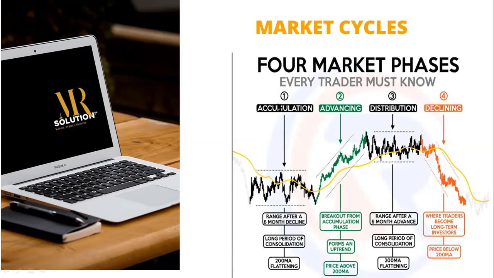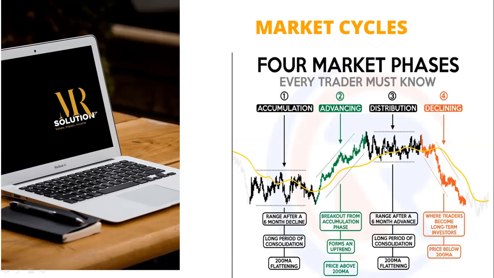So, okay, even in these market cycles, it is divided into various phases. We have the accumulation phase. Accumulation phase is when there's really nothing much that has happened. Price is just going up and coming down and all that. And then there is the advancing stage when prices start making some rapid movement. And then there's the distribution stage.